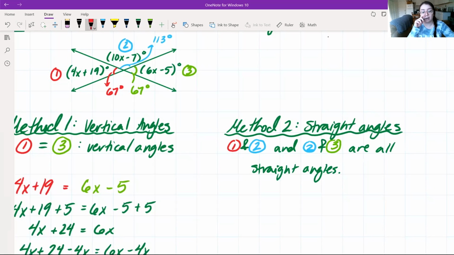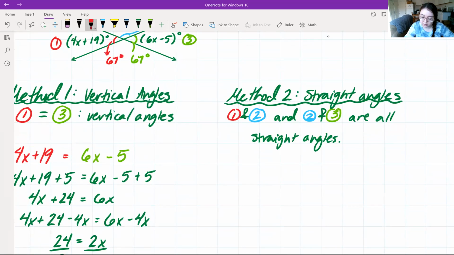So we're going to pick our angles here. We're going to say angles 1 and 2. And we know that angle 1 plus angle 2 is going to be equal to 180 degrees.